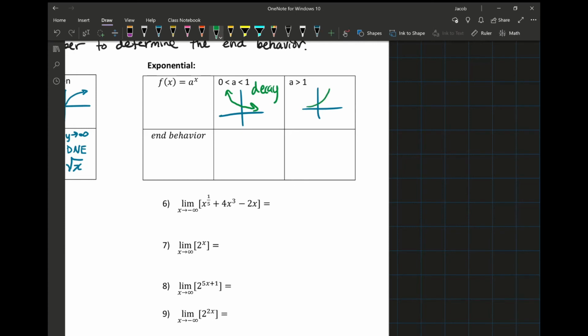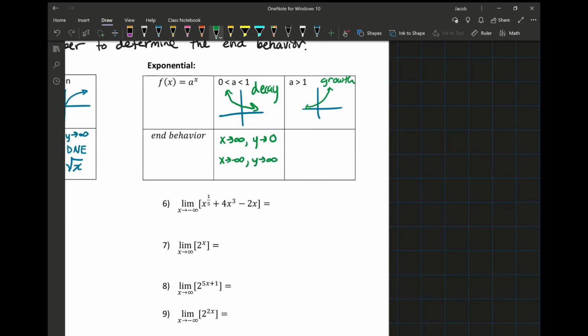A growth type graph would happen if a is greater than 1. So our end behavior, as x approaches infinity for our decay, y will actually approach 0. As x approaches negative infinity, then y will approach positive infinity.